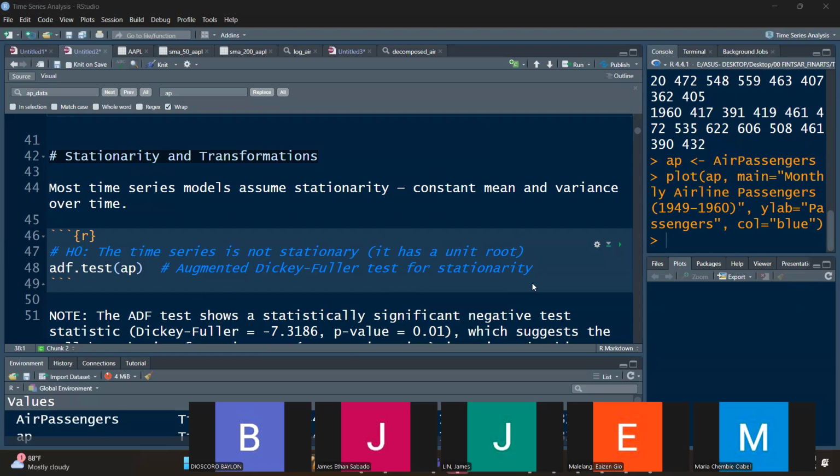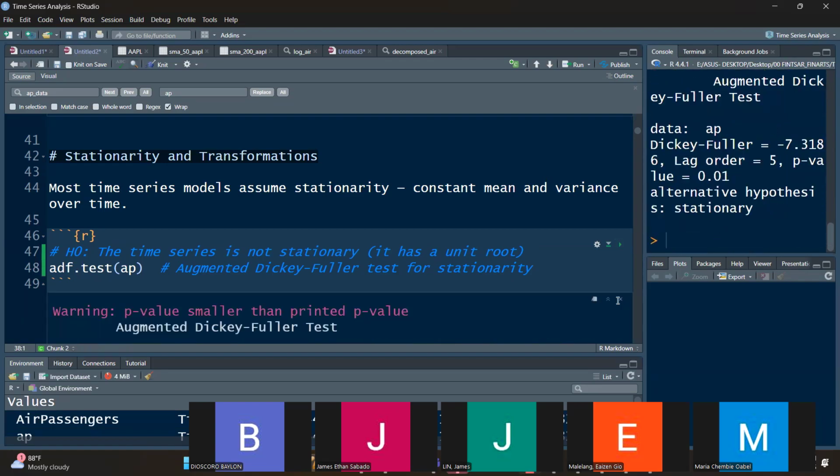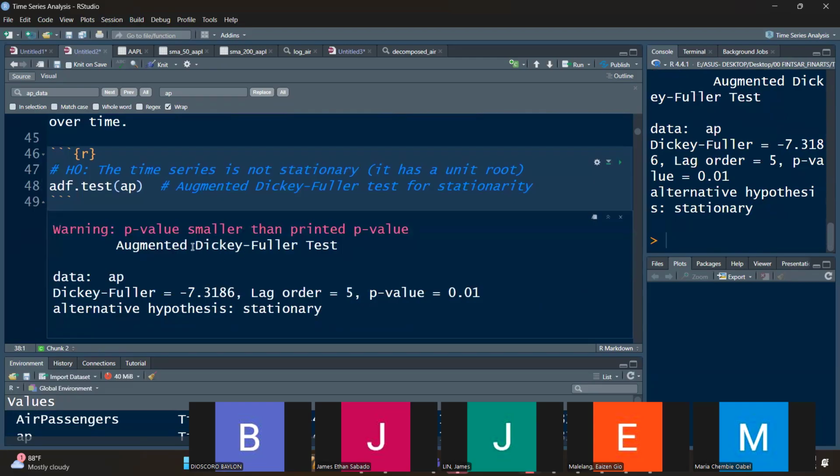The ADF test might have difficulty identifying the trend. So if we run this, the augmented Dickey-Fuller test returns. It's running so slowly.